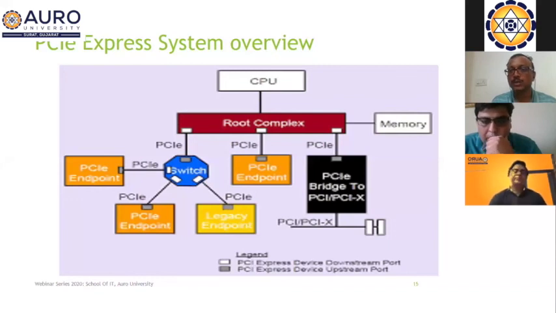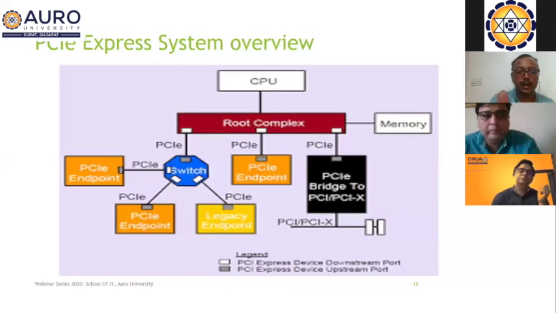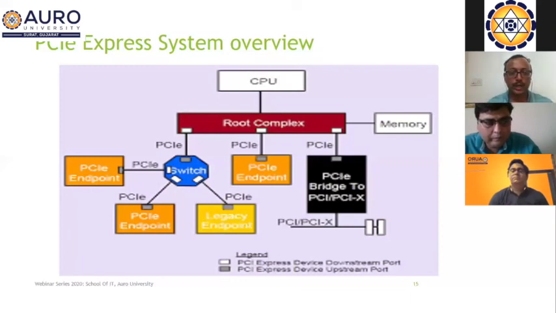But a switch, as you can see here, is like, for example, if you have just one socket in your house, and then you connect one big extender to that, so you have so many connection points, right?